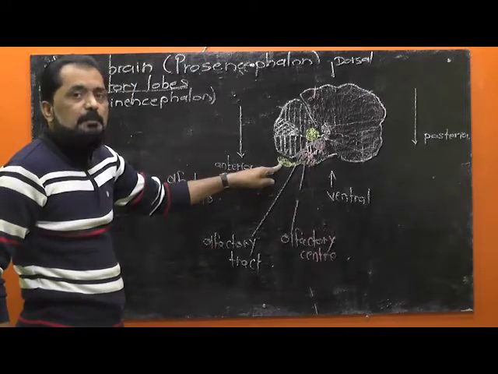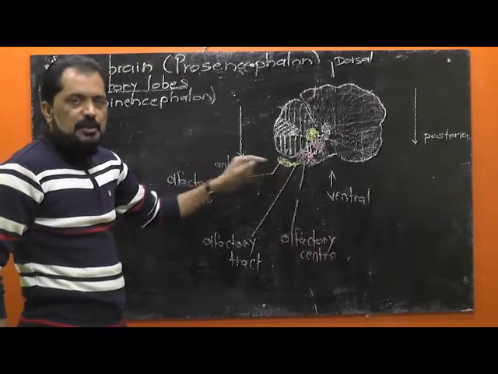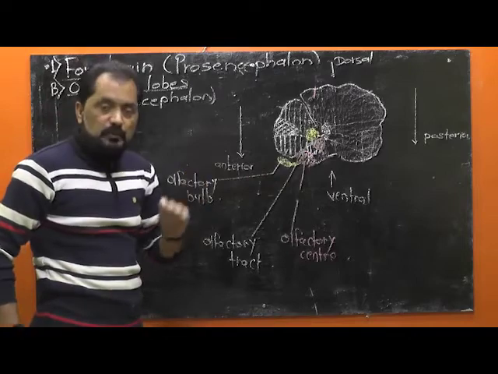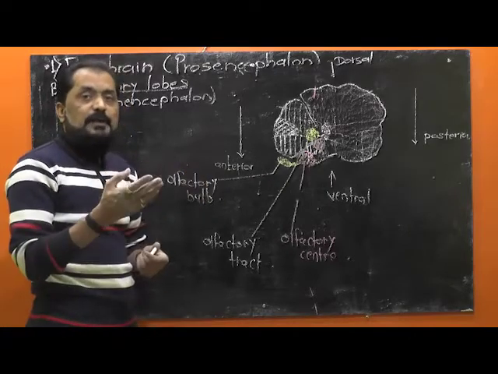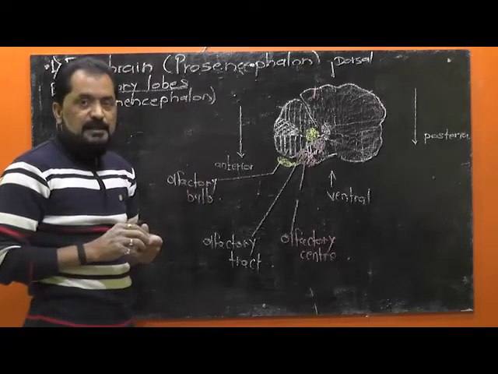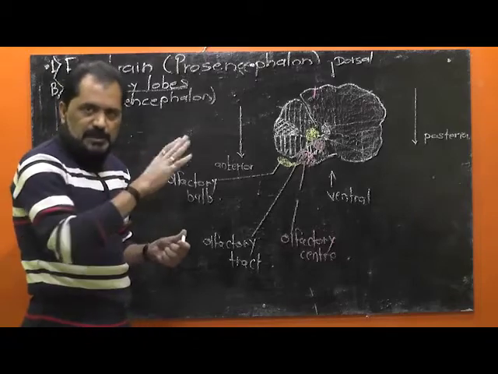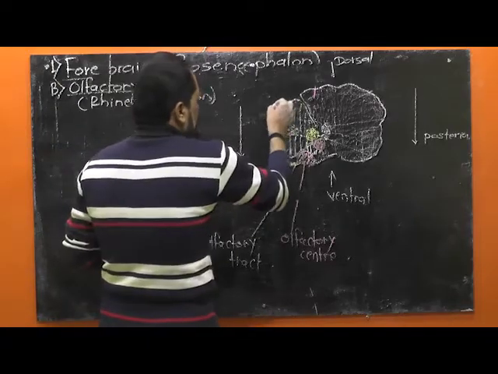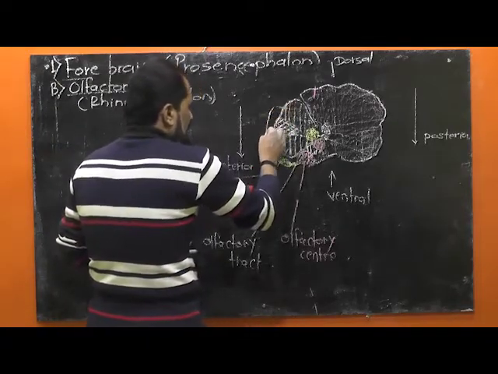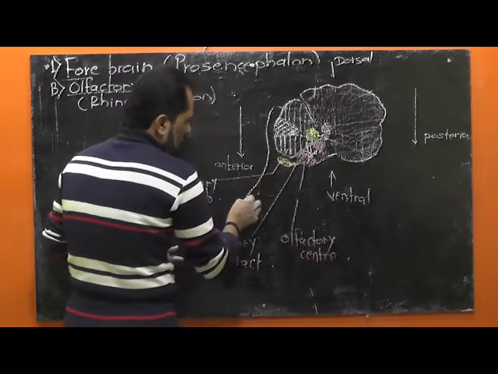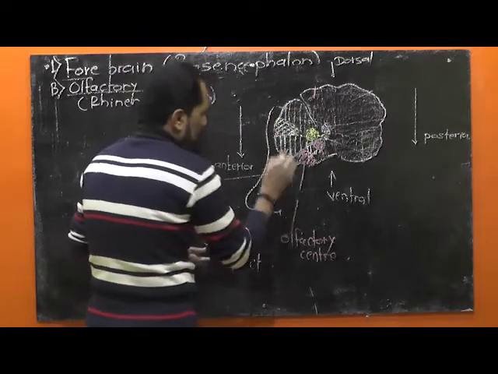The olfactory bulb receives the olfactory nerve coming from the olfactory mucosa, that is the nasal mucosa. Please look at the diagram. Consider here is the forehead of that individual and here is supposed to be the nose of that individual.